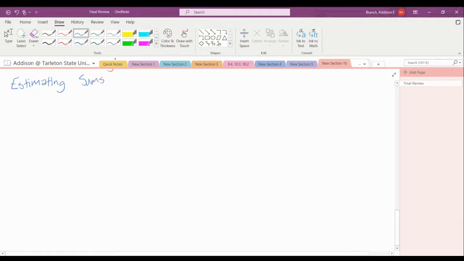The main thing we know is that, let's say we define sequence A, and the remainder of sequence A is the sum minus the partial sum. We can define that as a_{n+1} + a_{n+2} + a_{n+3}, and so on and so forth.